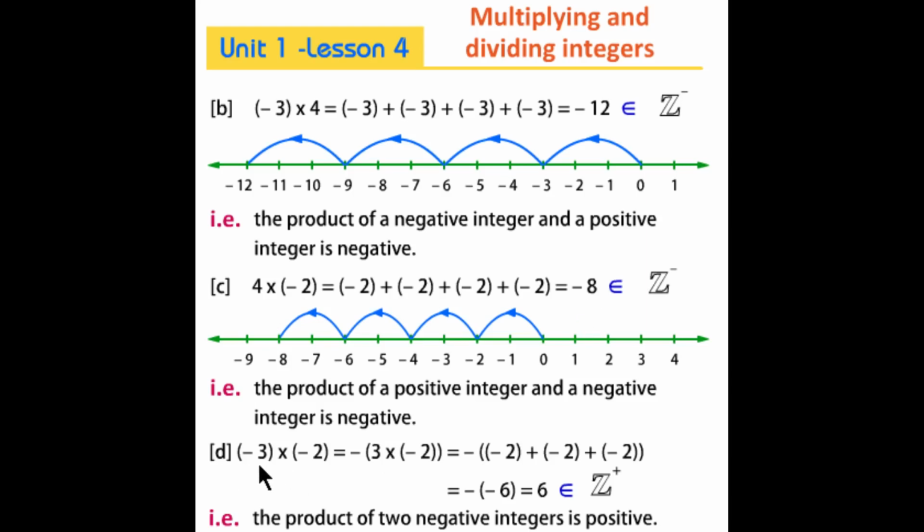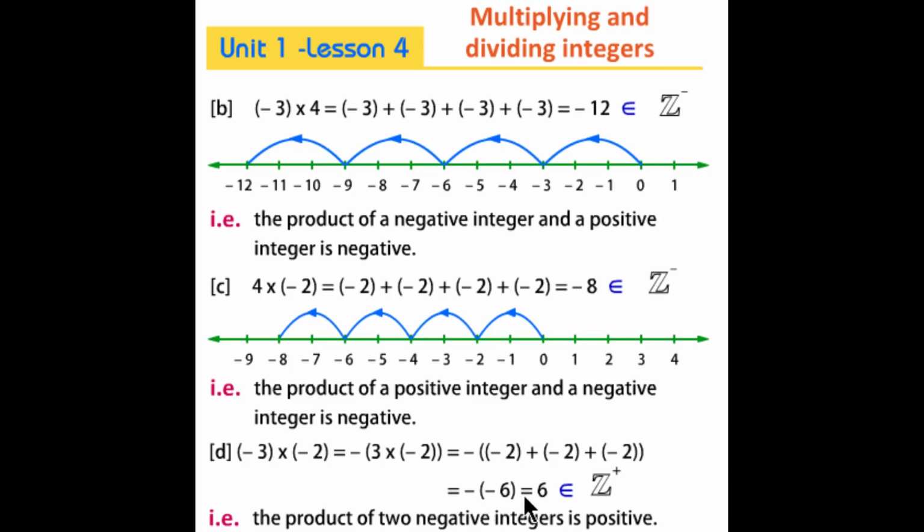D. Negative 3 times negative 2 equals negative of 3 times negative 2, equals negative of negative 2 plus negative 2 plus negative 2, equals negative of negative 6.